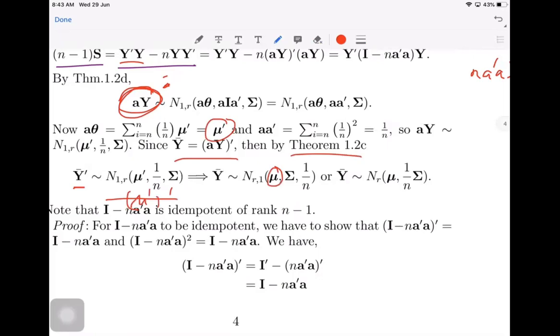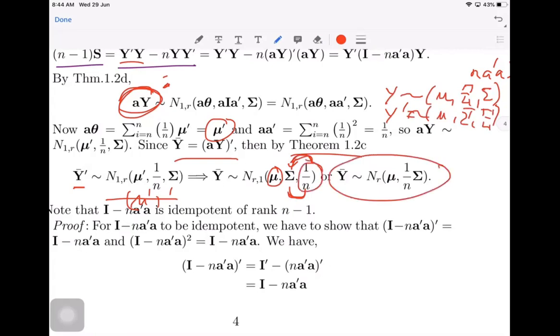And then the prime man, so mabalis siya. So sigma and 1 over n will be swapped. If you recall, pag naa kay y na mu psi sigma, kuhaon mo ang y prime, mu prime sigma prime, sigma psi. Correct? So mo-swap ni siya lang duwa, but since this is just a constant, you can write it in this manner.